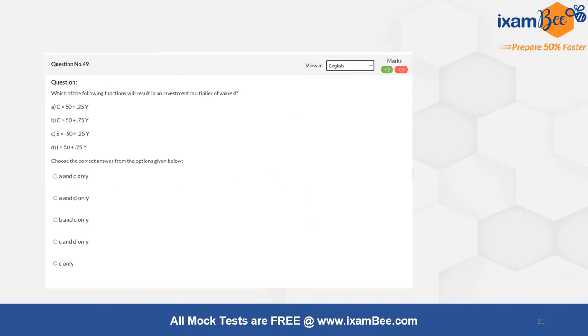Next question, which of the following functions will result in an investment multiplier of value 4? So the multiplier is given by 1 upon 1 minus MPC. This is the investment multiplier formula, right? So the value of MPC should be such that this whole thing is equal to 4.